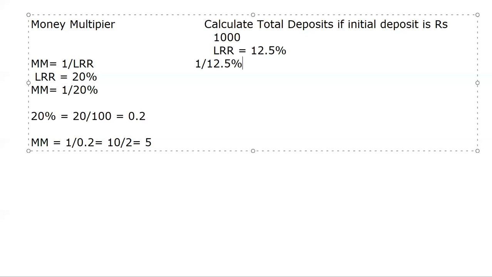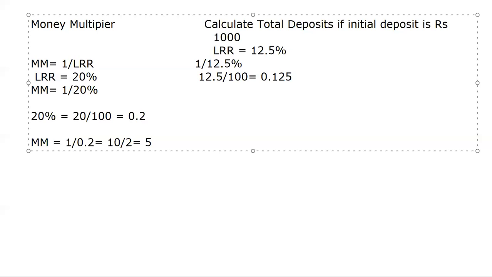We'll simplify. 12.5% would be equal to 12.5 divided by 100. So it would be equal to 0.125.